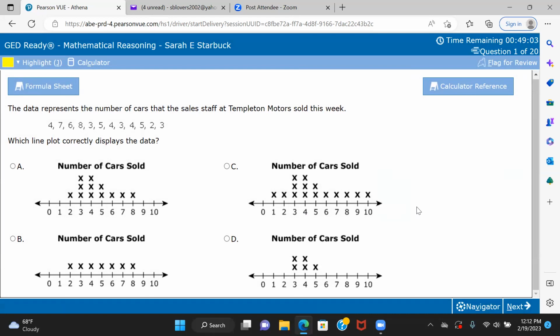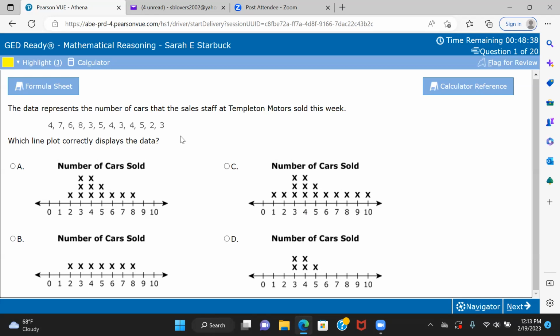Which line? What? See, I don't understand that.